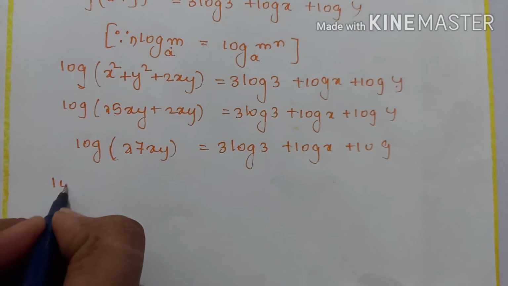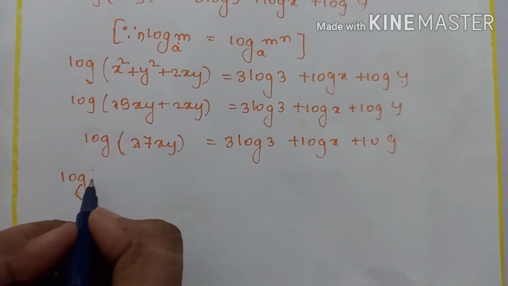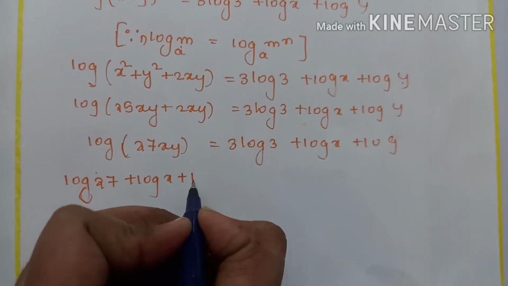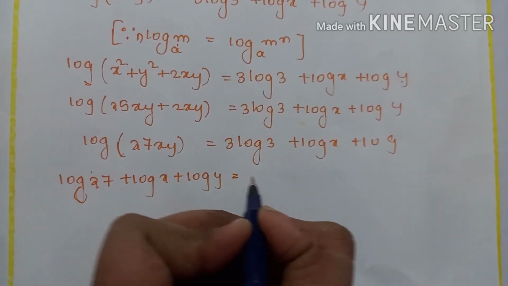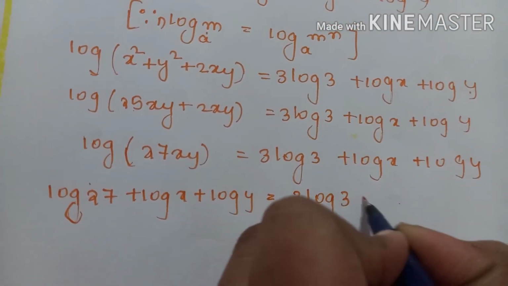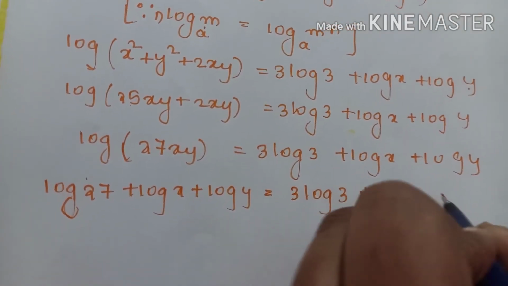And this can be written as log 27xy equals 3 log 3 plus log x plus log y.